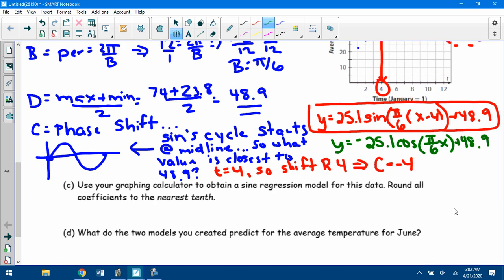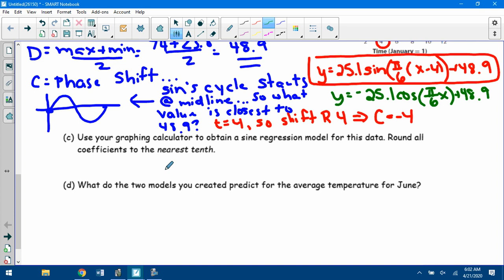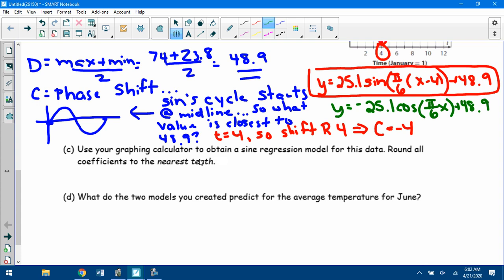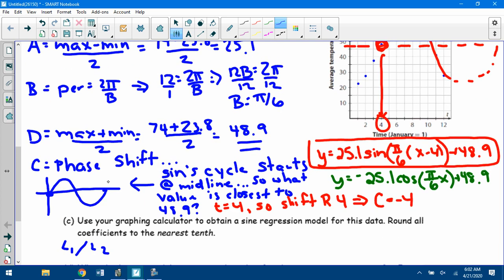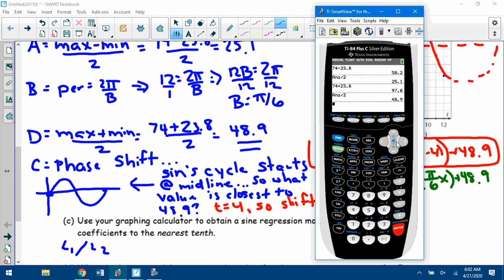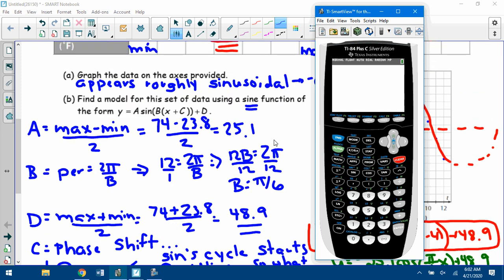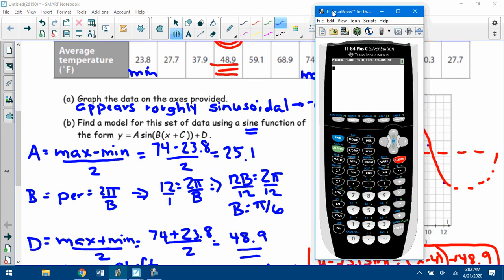Okay? Now it says use your graphing calculator to obtain a sine regression model for this data, rounding all coefficients to the nearest tenth. What do I normally do first if I'm doing a regression equation? Right, we do L1, L2, right? Okay, so I'm going to go back up to all the data.